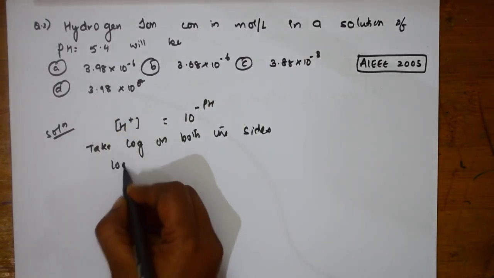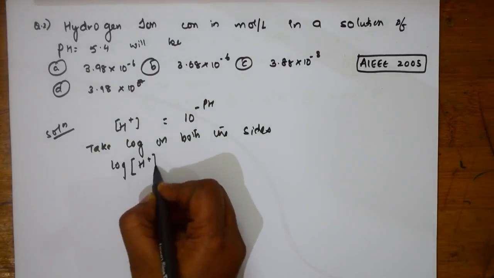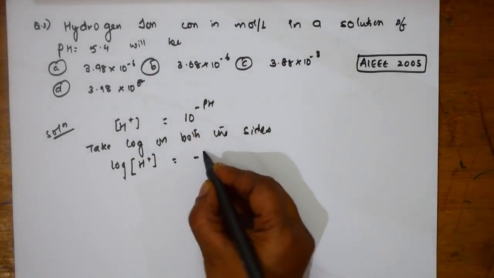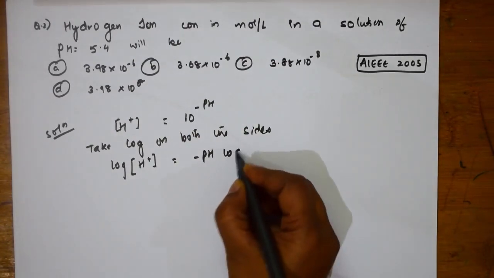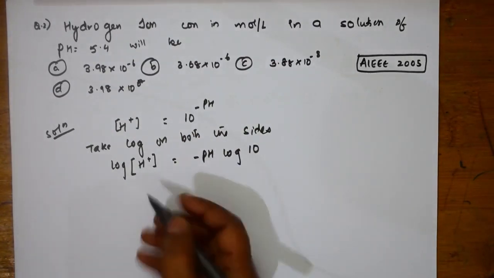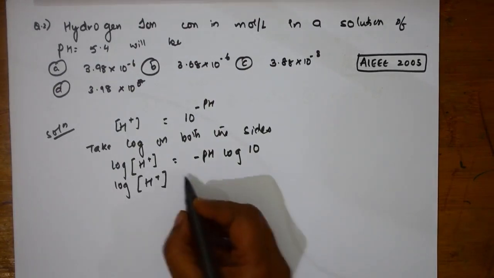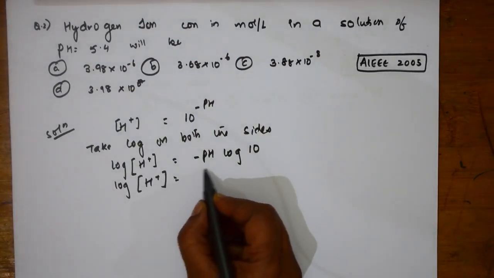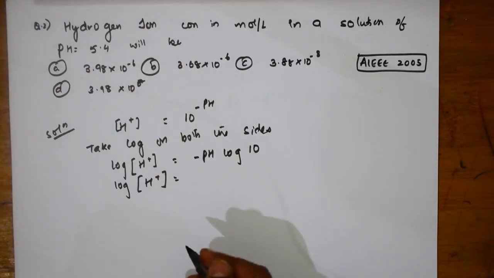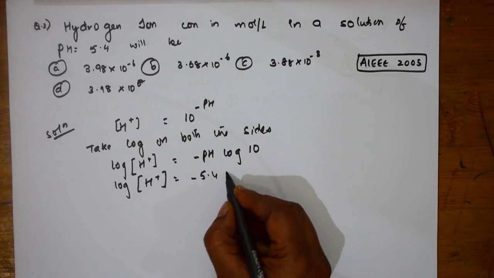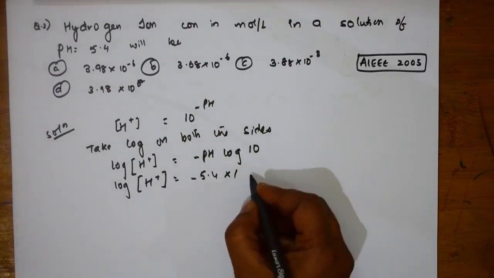Log H plus is equal to minus pH log 10. Now how much is the pH given to us? It is 5.4, and minus is already there, so it is minus 5.4, as log 10 is 1. This becomes 5.4.